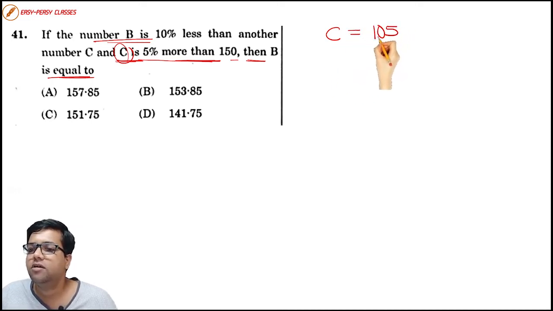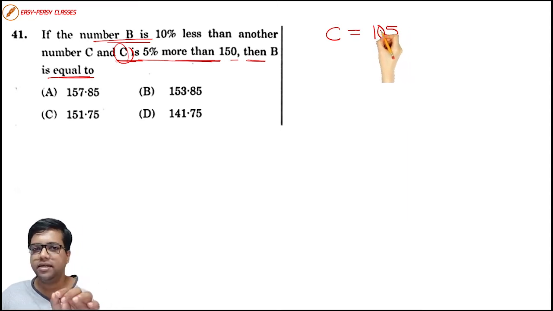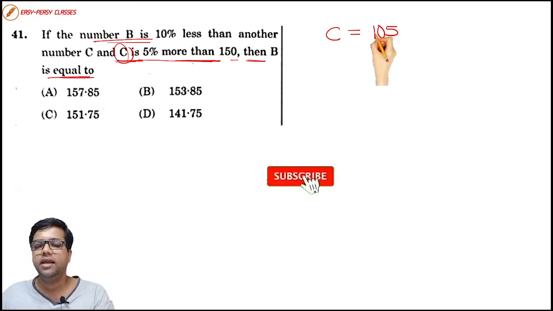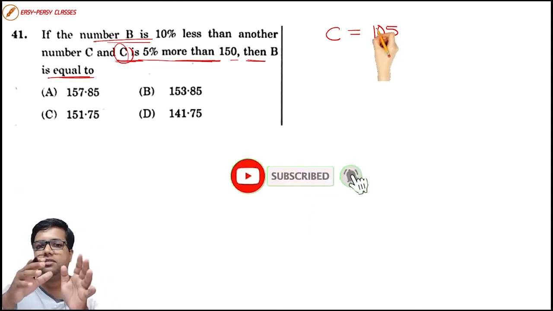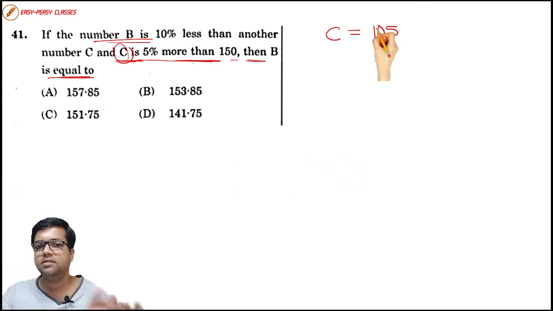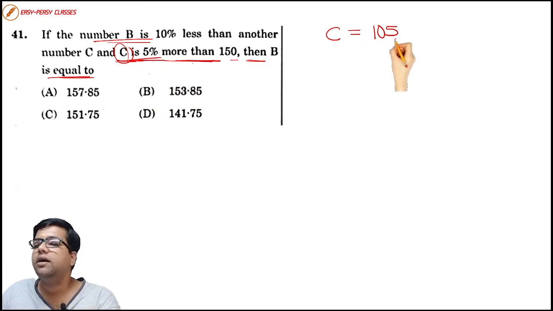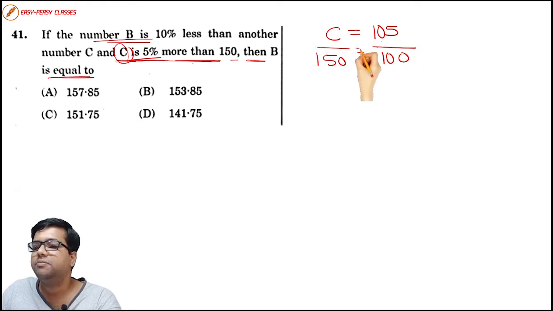5% more means above 100, right? Percent means 100. Anything which is represented as the value of 100 is itself percent. So C is 5% more than 150, then I will keep the value of C as 105, and I will keep the value of 150 as 100%.